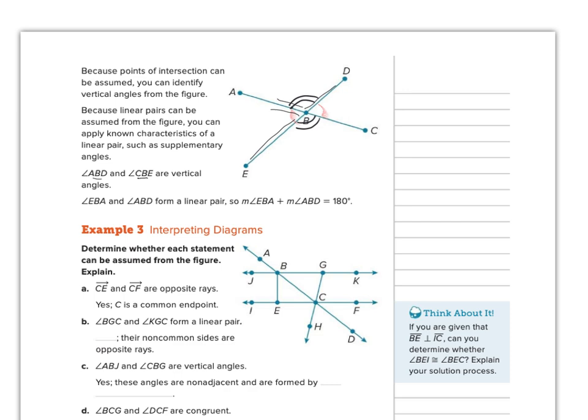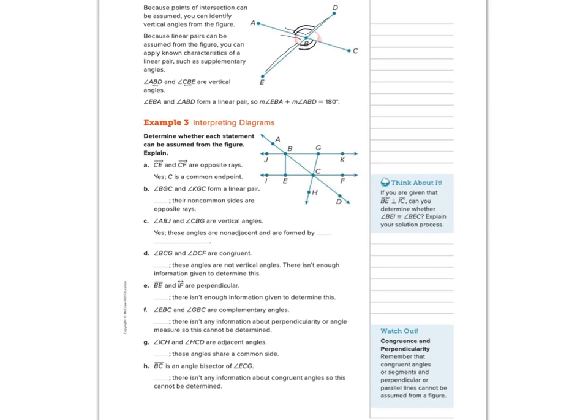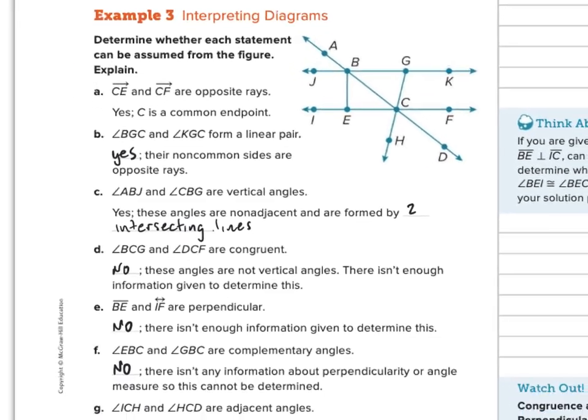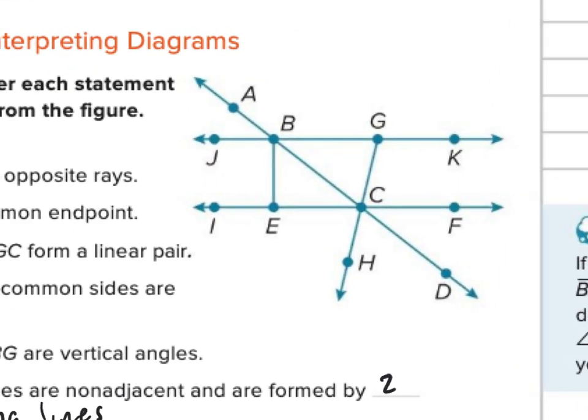Now, I'm going to go ahead and fill in some of these real quick. Looking at this information, I know that there are no tick marks or arcs, so angles will have to be vertical to be congruent.